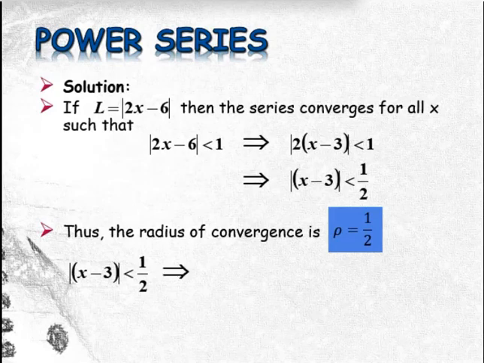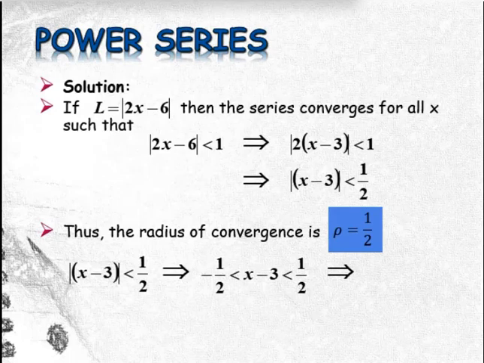Now, let us determine the interval of convergence. So we can rewrite an absolute value inequality using continued inequality. That is, the absolute value of x minus 3 less than 1 half is the same as the continued inequality negative 1 half is less than x minus 3 is less than 1 half.